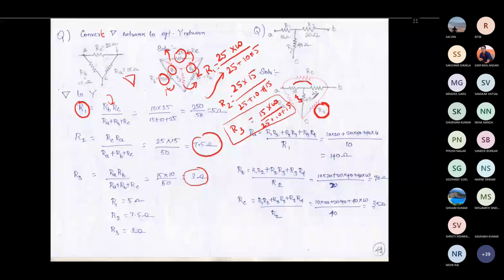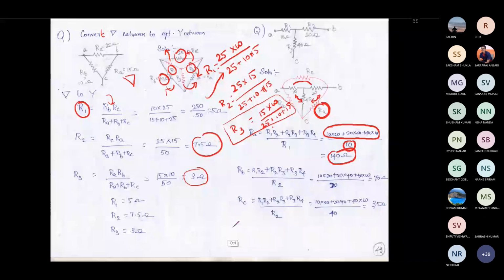Then for the denominator, I see what is the opposite resistance to this RA. Here the opposite resistance to RA is 10 ohm, which is not directly connected with RA. So I divide by 10 ohm, and I get 140 ohm.